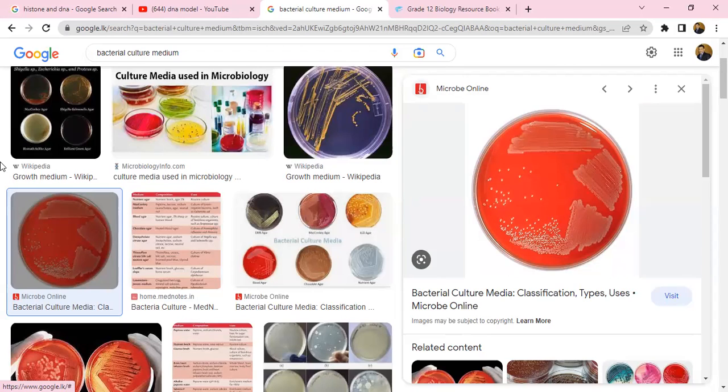But if you introduce some archaea, it will grow. Its growth is not inhibited by antibiotics. Not all the antibiotics.